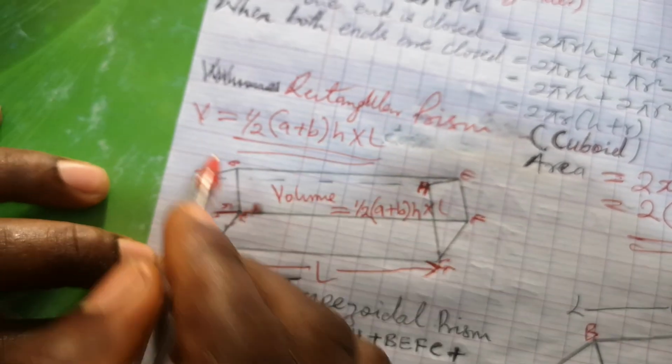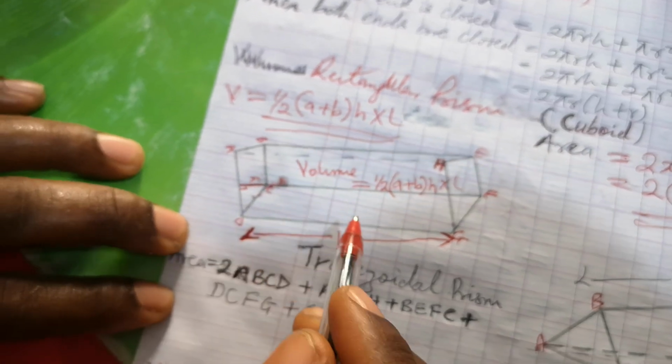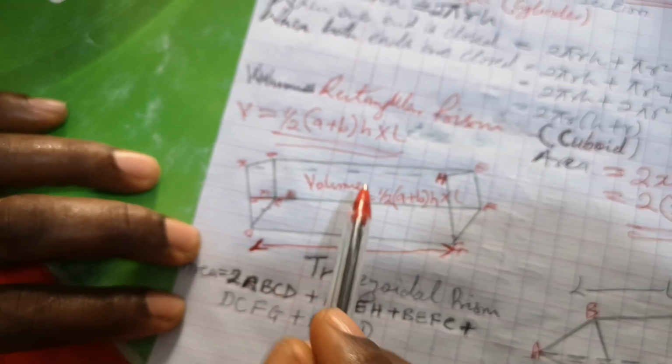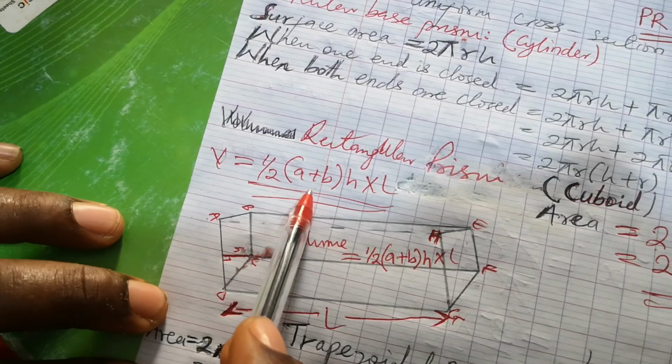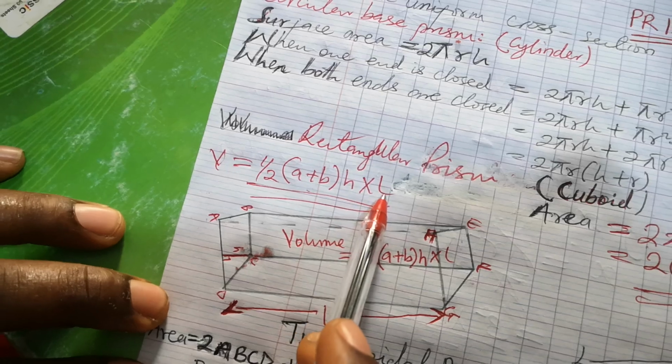That is for this trapezoidal prism. This is for the cross-sectional area, which is a trapezium, and this is for the length.